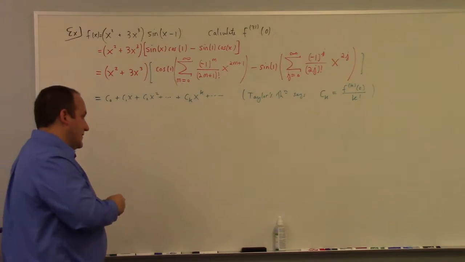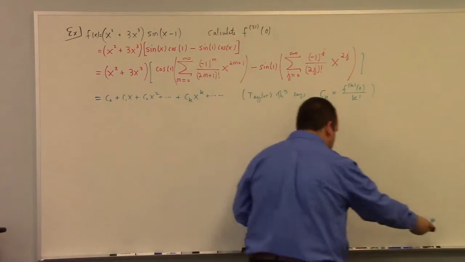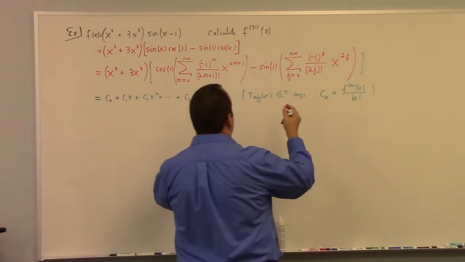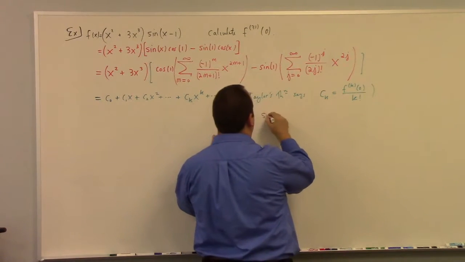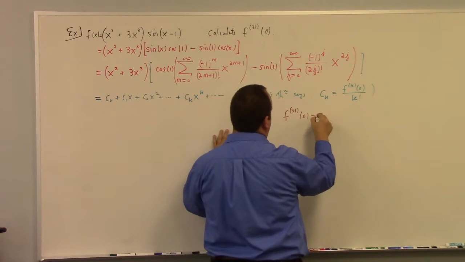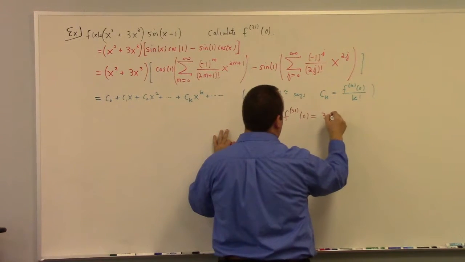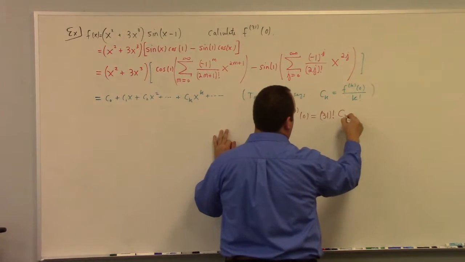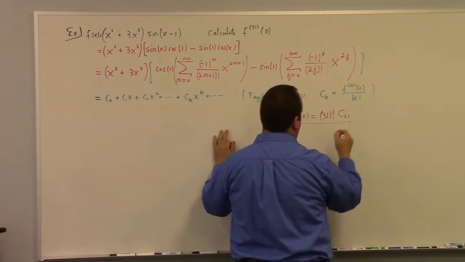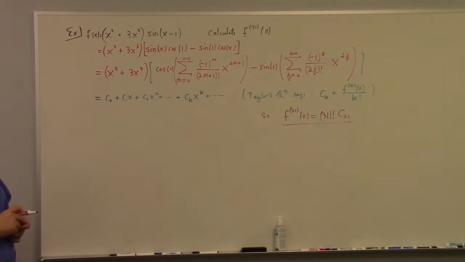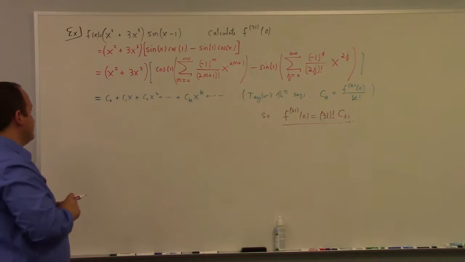So if my goal then is to calculate the 31st derivative at 0, that would be equal to 31 factorial times C31, right? How do I find C31?